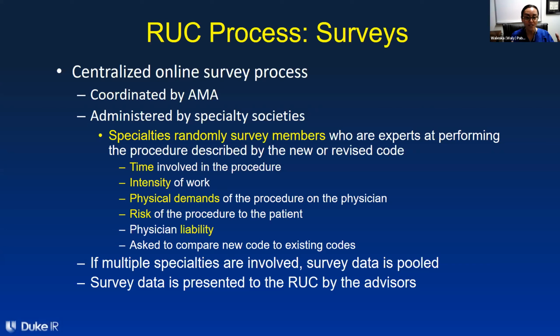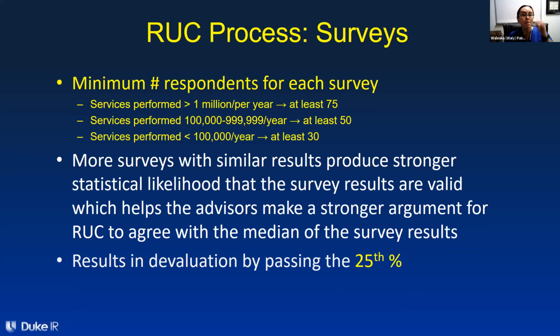So depending on how frequently a procedure is performed is the number of services, the minimum number of surveys that are required to be submitted by the specialty societies to support the valuation of that code. And the number of surveys are listed here at the top.